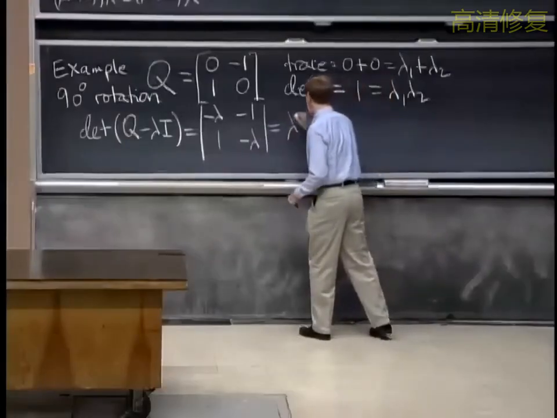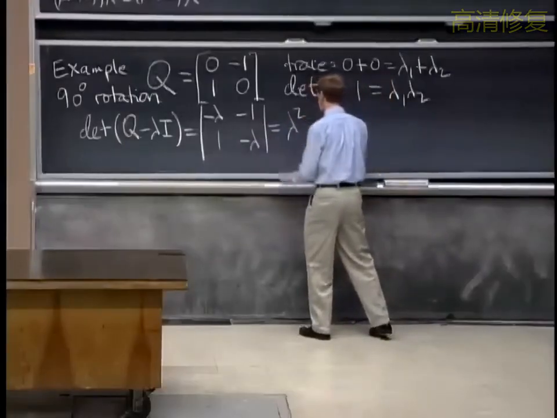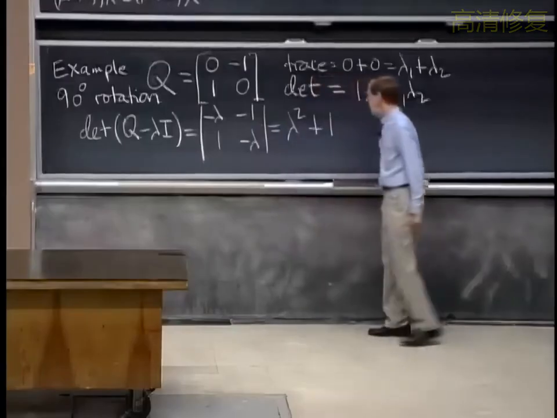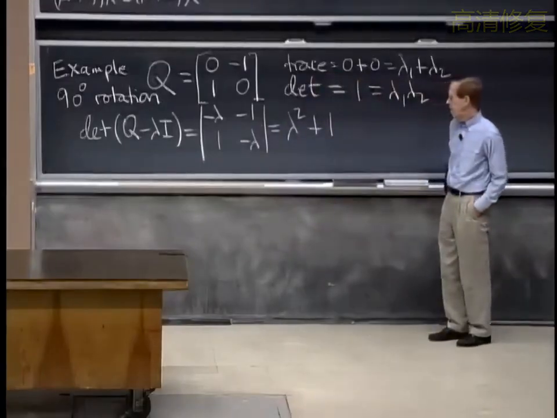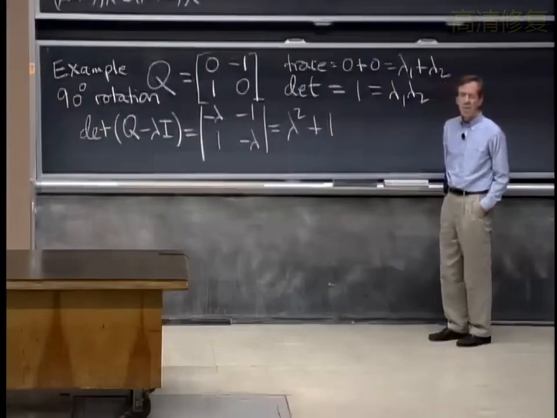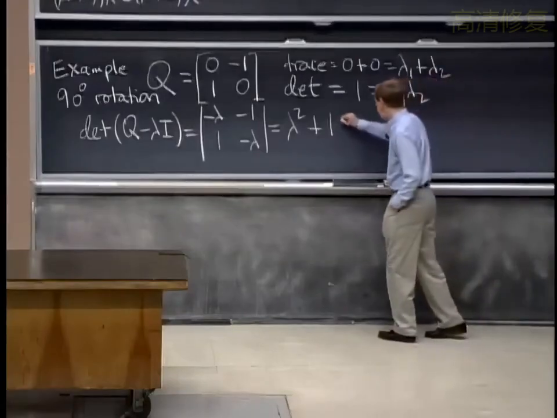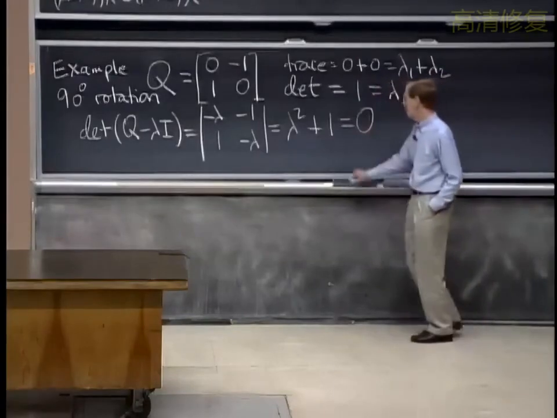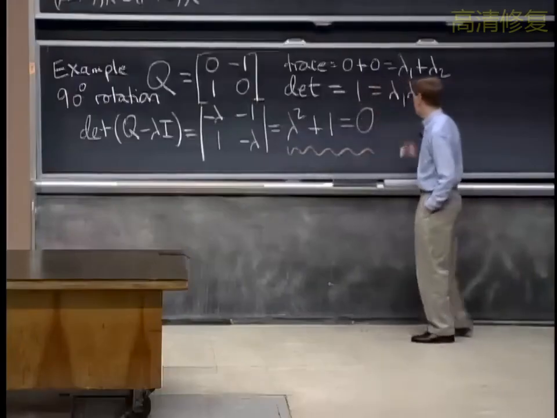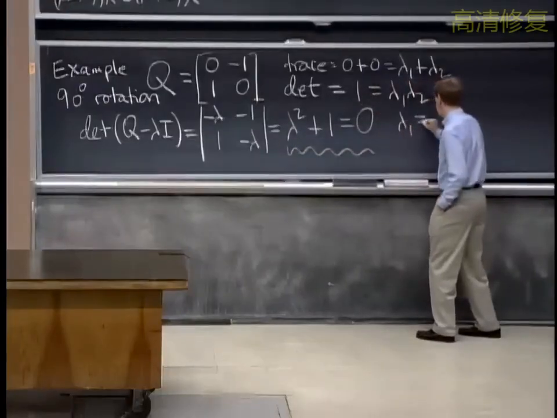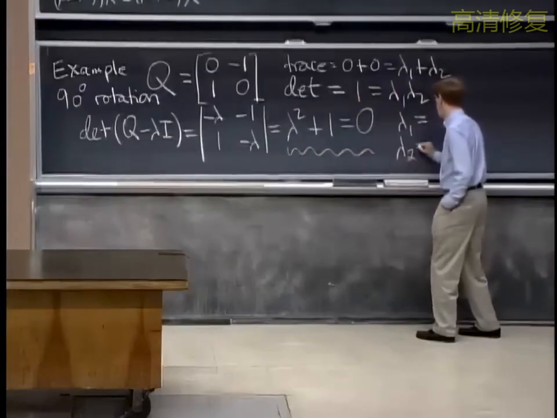Lambda squared minus 1 plus 1. What's up? There's my equation. My equation for the eigenvalues is lambda squared plus 1 equals 0. What are the eigenvalues, lambda 1 and lambda 2?